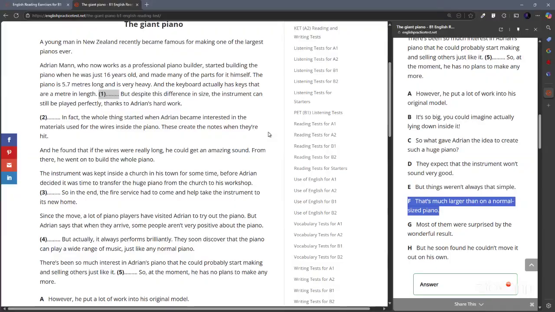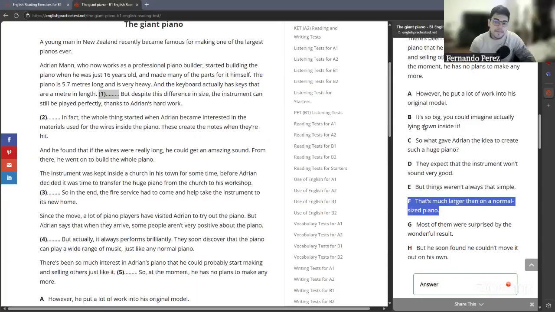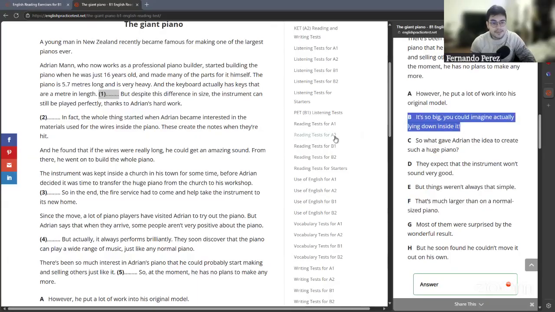Because sentence F continues the last sentence, the last parts. But letter B continues it too.